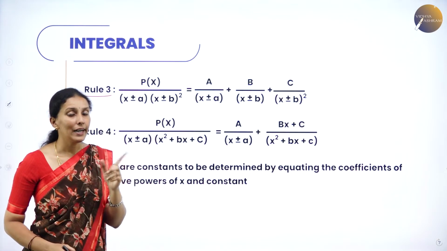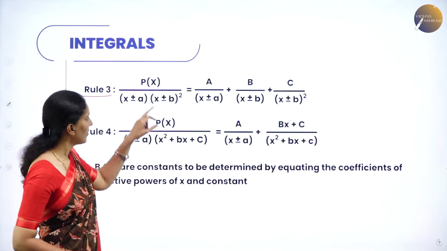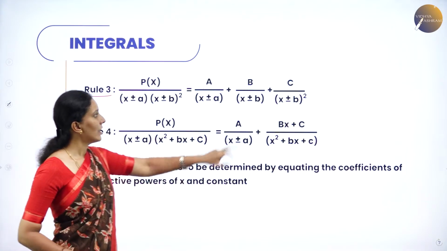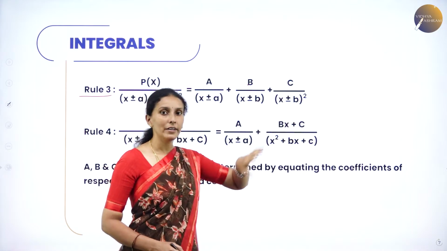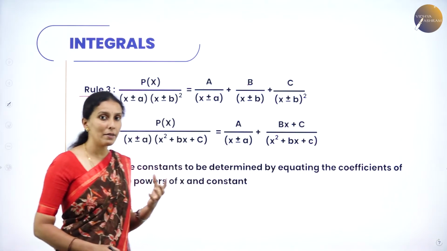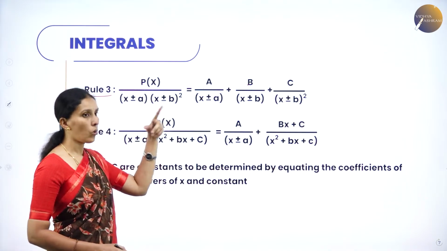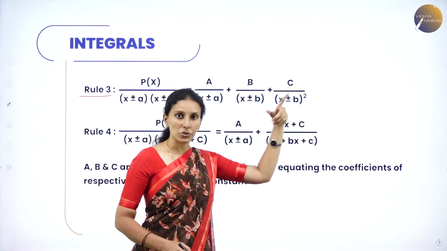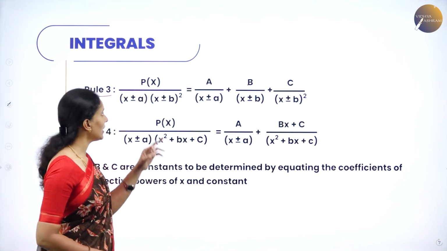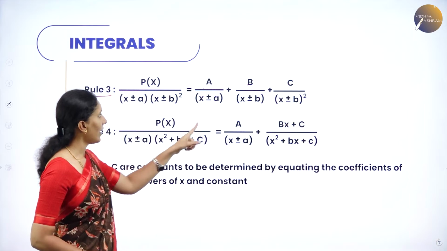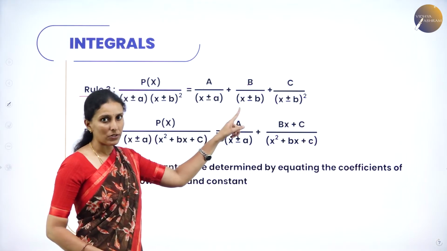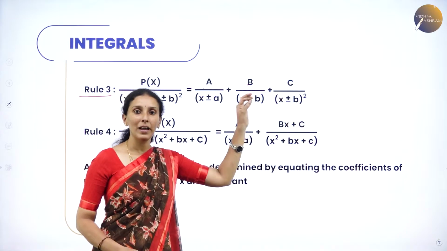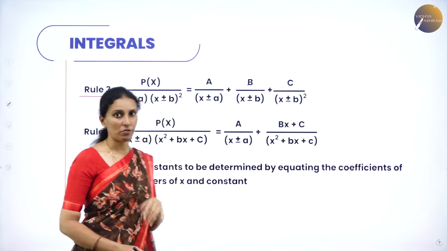When you get a repeated linear factor, the rule is: write the first one as it is, write the second one in the form of x plus b, write the third one as the repeated linear factor. How many times is it repeated? x plus b whole square. So for repeated linear factors, write a divided by x plus a, b divided by x plus or minus b, and c divided by x plus or minus b whole square.